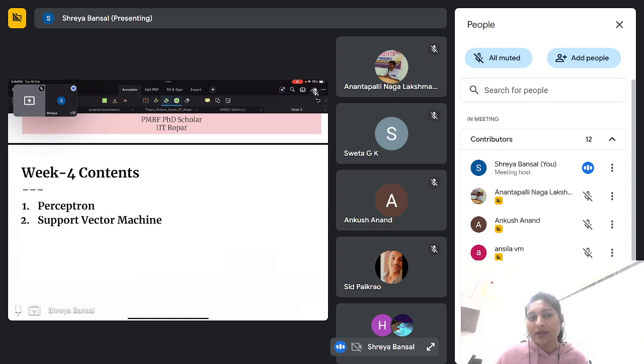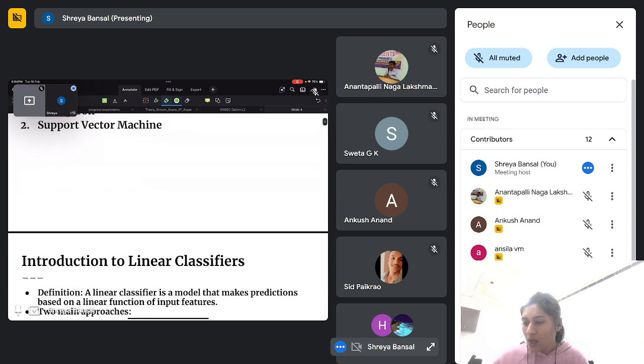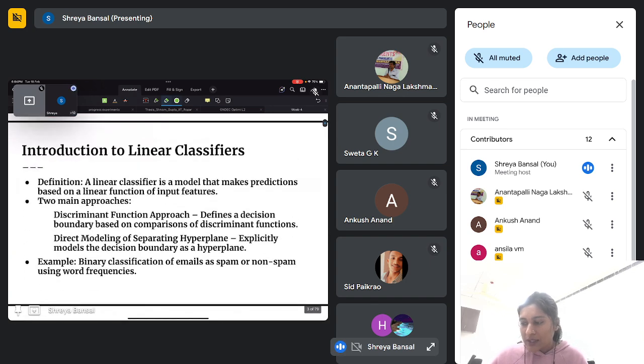These perceptron and support vector machine are types of linear classifiers. So we'll start with a recap of last week and then connect with this topic. Let's start with the introduction to linear classifiers.